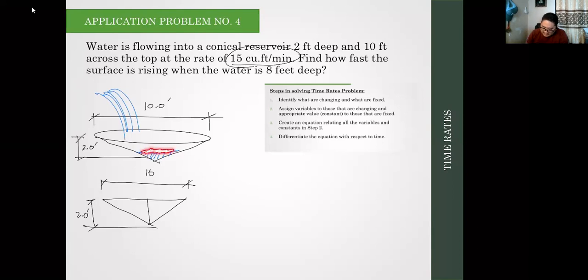So para mahanap yung rate ng pagtaas niya, kailangan yung pagbago nung mismong y direction natin. Okay? So kung halimbawa ito yung water natin, assume natin siya na y yan. Okay? And then yung kanyang diameter or radius na lang, tawagin natin x.